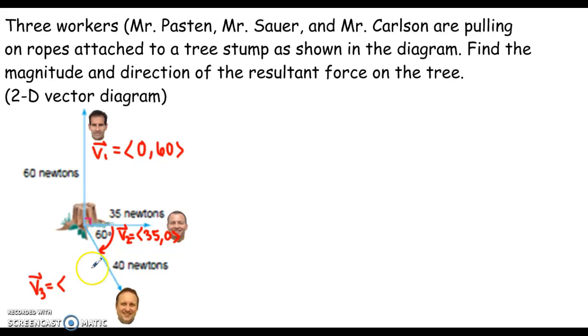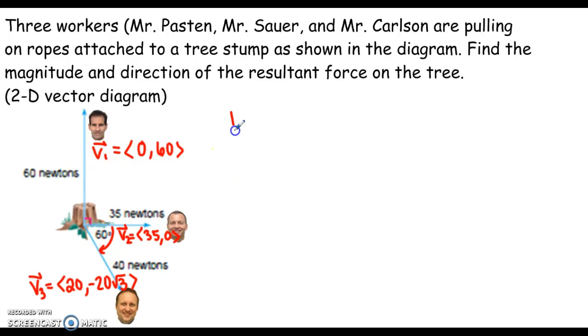So again, we've got 40 times the cosine of negative 60 degrees, positive 300 degrees, for our x component, which is 20. And then we've got 40 times the sine of 300 degrees or negative 60 degrees. So that gives us, and what you should have gotten, negative 20 times the square root of 3.